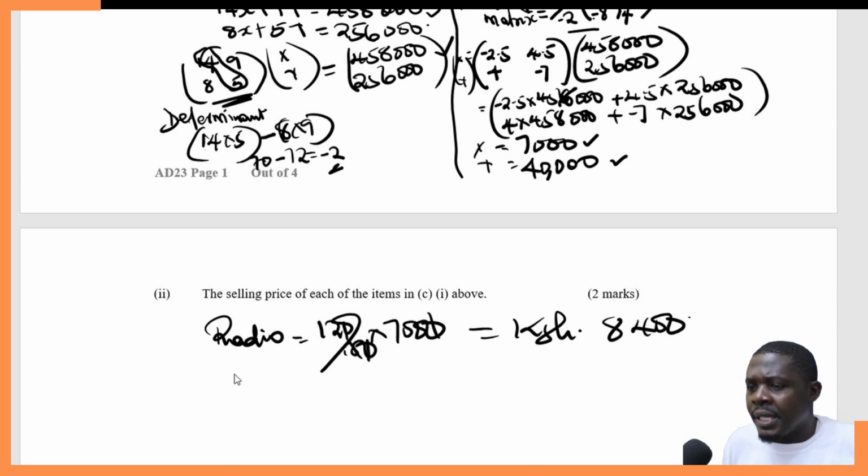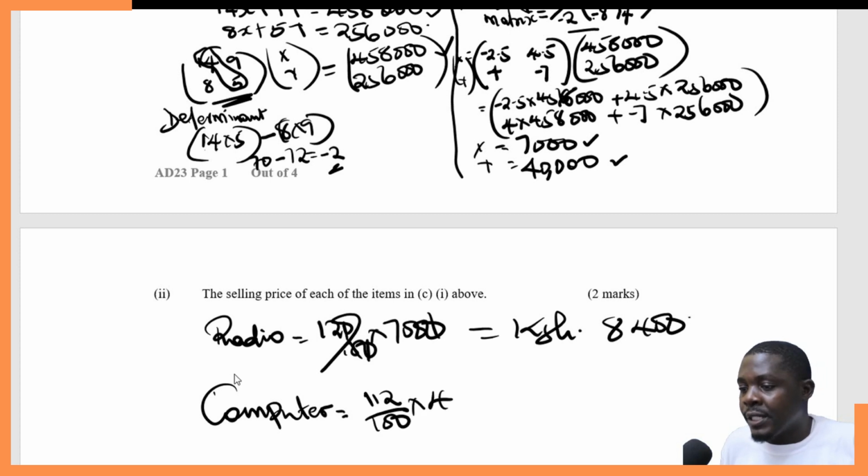8,400. Then for computer, we had a profit or a margin of 12%. That is computer, which is 112 divided by 100 multiplied by 40,000.